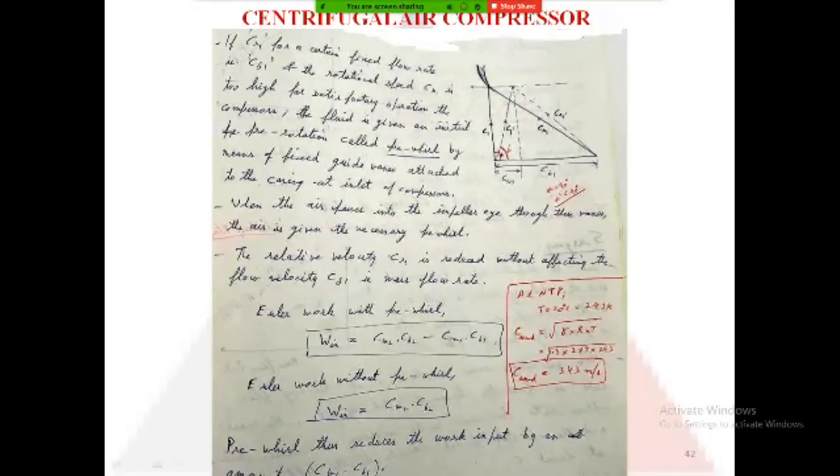Here the Euler work with pre-whirl is given by this equation, and without pre-whirl, where the angle is 90 degrees, it will be given by CW2 into CB2. So this work is greater compared to the work done with pre-whirl. Hence, by using pre-whirl, we can save the work input. So that is all for this session.